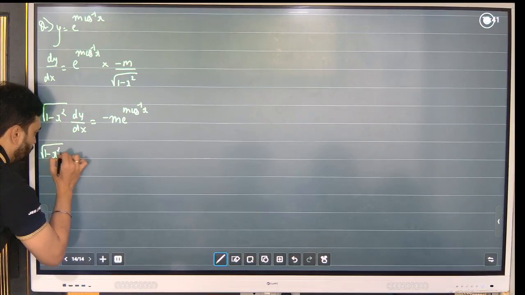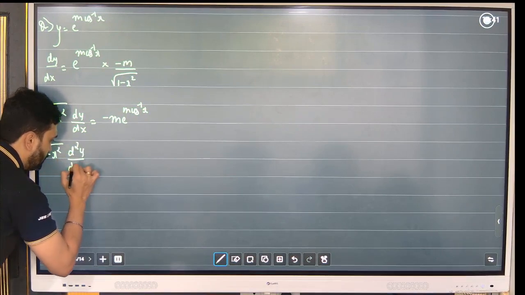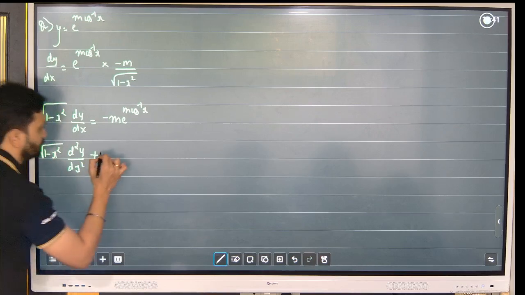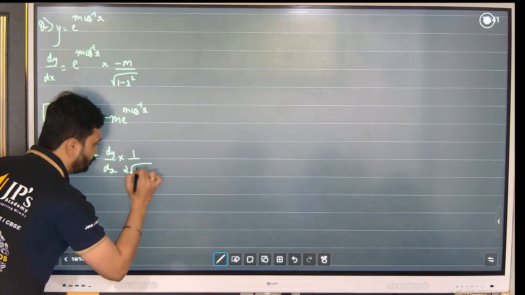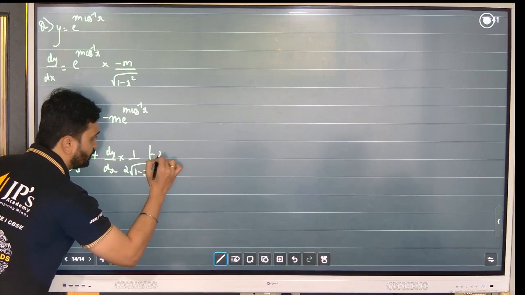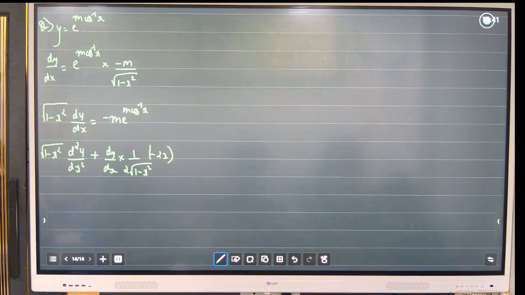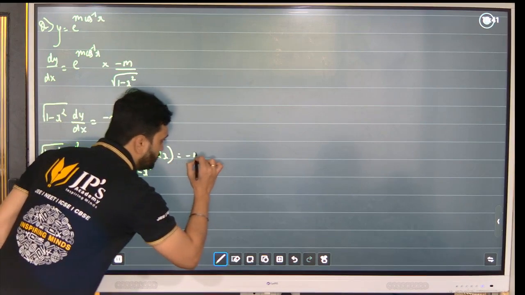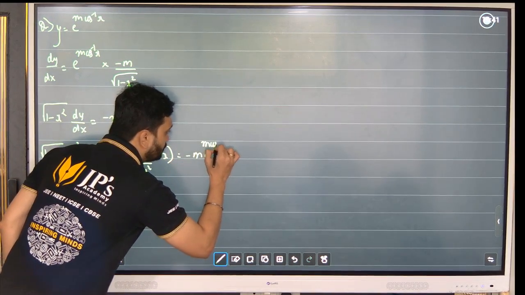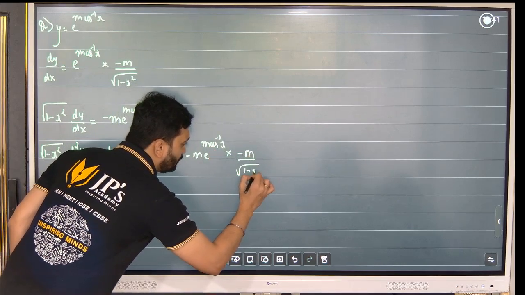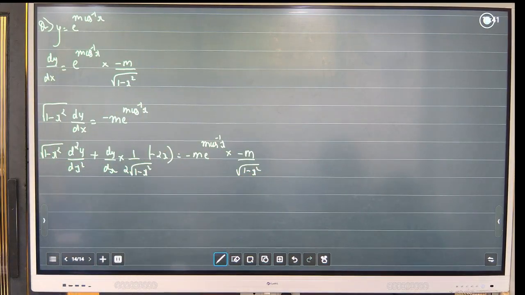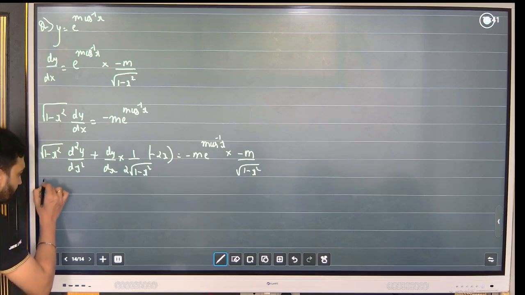So 1 minus x square d square y by dx square plus dy by dx into 1 upon 2 root of 1 minus x square minus 2x is equal to minus m e raised to m cos inverse x into minus m upon under root of 1 minus x square. Have you understood this? You've got the same thing again. Again there's a denominator. So where will I take it? Left hand side. So what will happen, tell me?